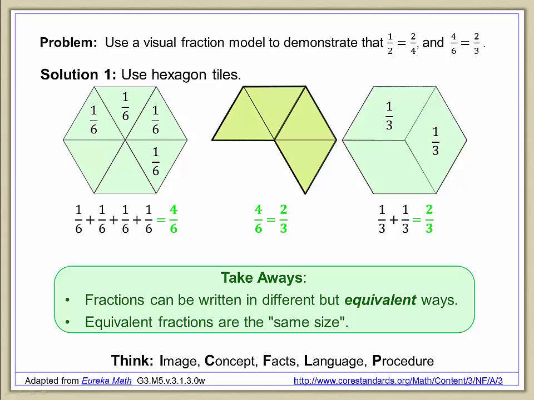I want to point out how this particular process makes use of the practice of looking at and using structure. There's both physical structure here, as in the shape and pieces of the hexagon that we break up, and noticing that when we have 4 of these pieces and each is a sixth, we have 4/6.